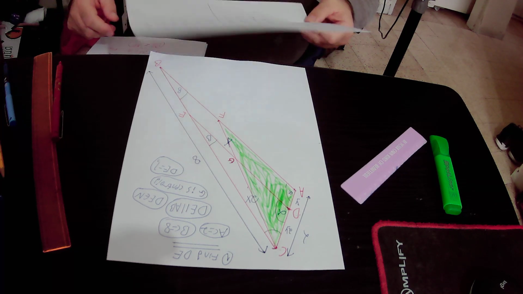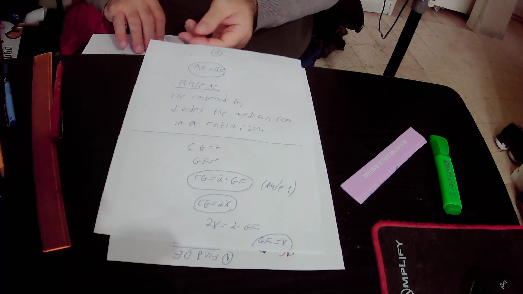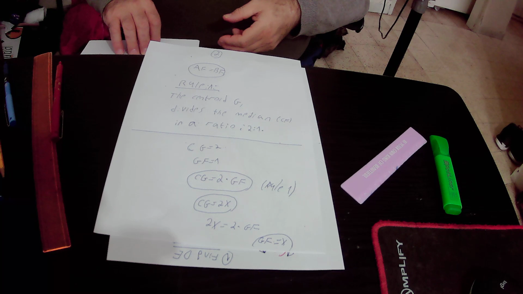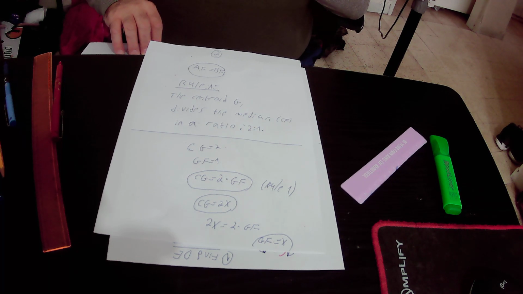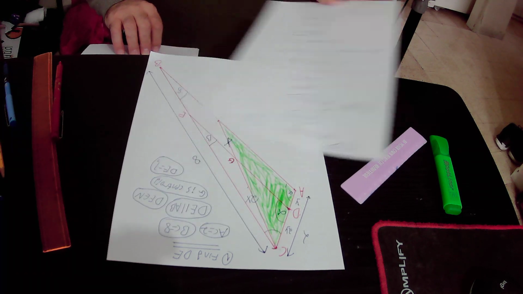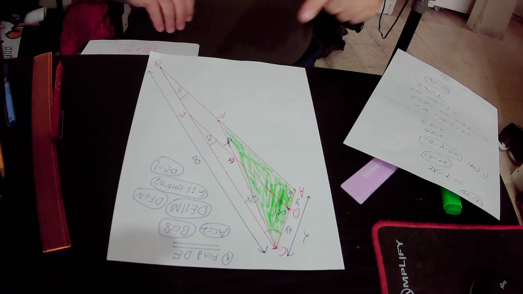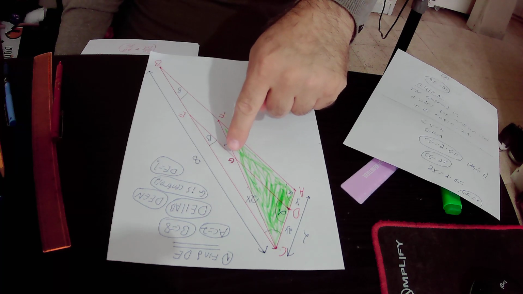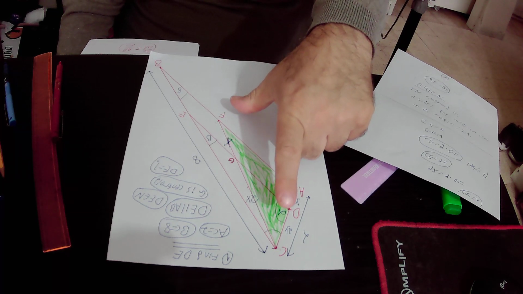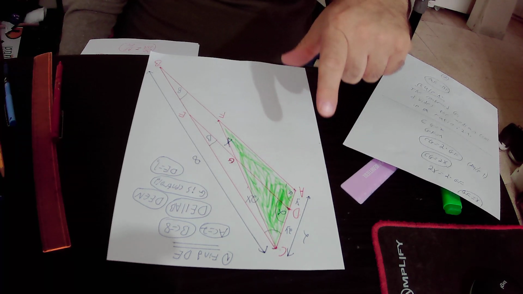So we actually have the first rule, rule number 1, that states that the centroid G divides the median CF in a ratio of 2 to 1.